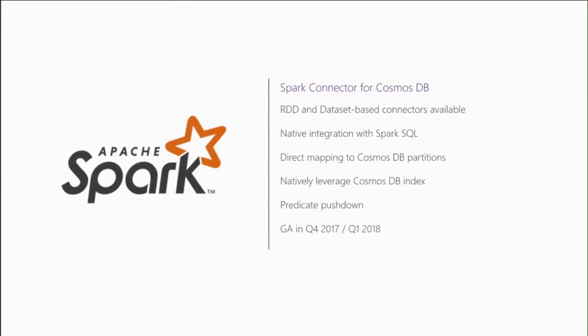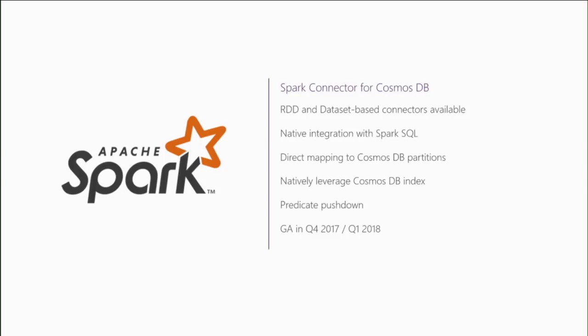And lastly, the one that we're going to talk about quite a lot in this talk is the Spark integration. We announced our Spark integration, I believe, almost half a year ago. And this integration has really unlocked a lot of different opportunities for applications. The connector right now is in public preview, fast moving to GA, which is general availability.